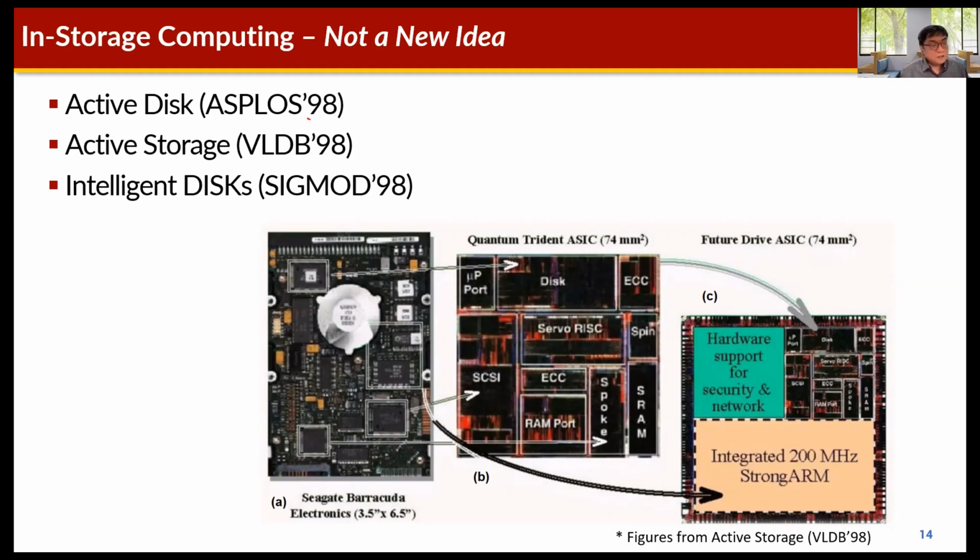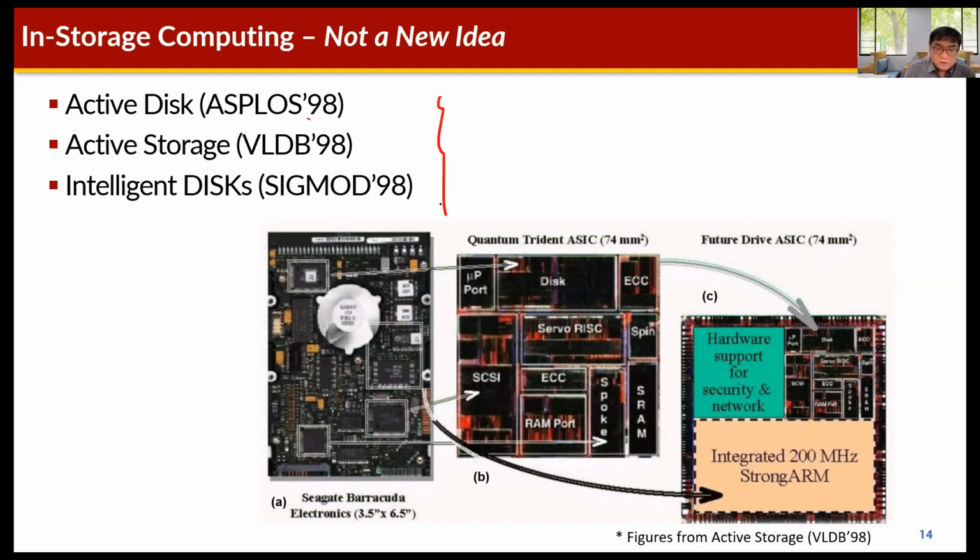This is obvious. Instead of moving a large amount of data to the host CPUs, if this data is processed by storage processors, we can reduce the data movement cost and improve the performance of some applications.